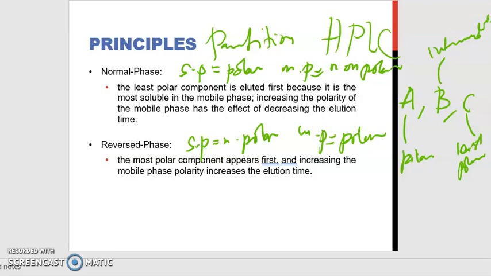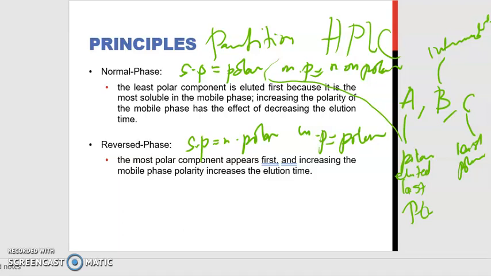So what happened? A, polar, stationary phase polar, so it will stay longer inside the column according to like dissolves like principle. It has high affinity towards stationary phase, stay longer inside the column, will be eluted last. So this one eluted last. Retention time dia tinggi. But this one, it is least polar, paling non-polar among all this.